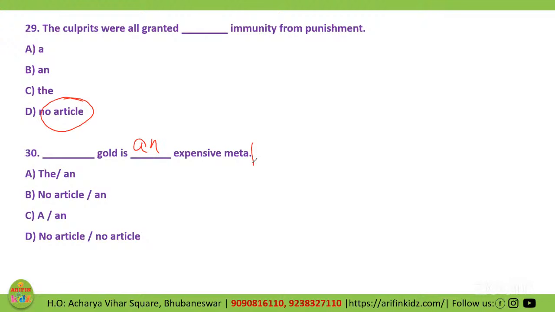And no article here. So option B. B for Bombay. Yes, correct. Superb, all of you. Very good. Everyone is doing superb today.